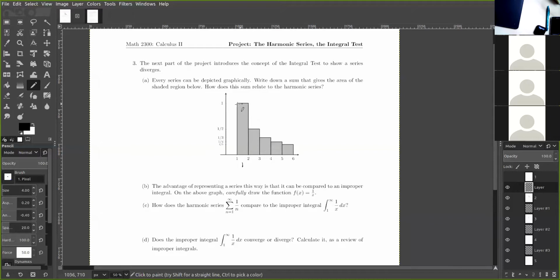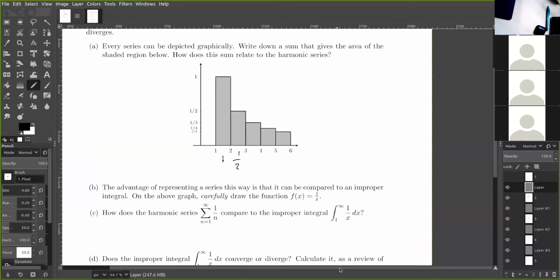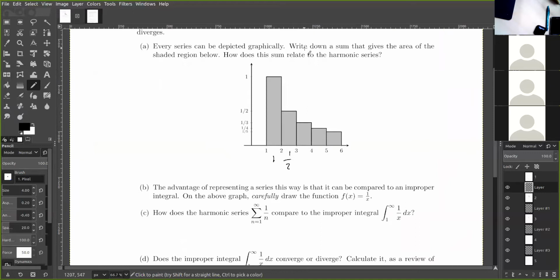And if the width of the box is a constant 1, then we can model the height of the box by a function. And that function can be the function corresponding to the series. So the width of the first box is 1, height is 1. Width of the second box is 1, height is 1/2. And let me zoom in a little bit so we can get more precise with our writing. The third box, we see a height of 1/3.